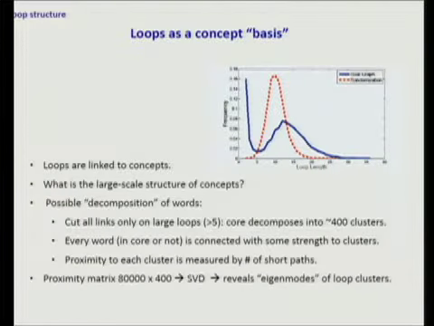And this gives us a certain coordinate. So to each word, we assign a position in this loop space, which is a vector containing 400 numbers, the strength or this sort of distances from these loop clusters. And now we have these 400 coordinate vectors for each of the words.